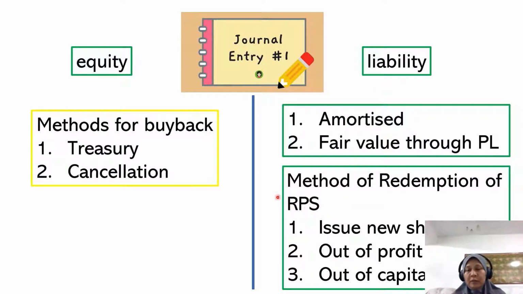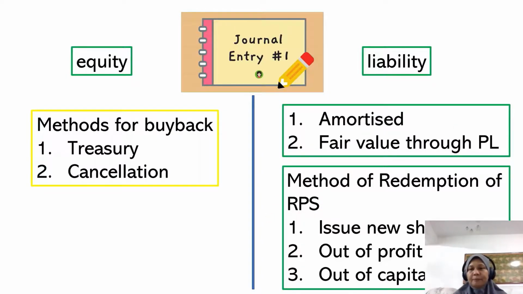Only for redeemable preference shares is this practice available, where the company can either redeem its redeemable preference shares and then issue new shares to replace the amount redeemed, or the company can take some amount out of the profit, or take some amount from its capital. Okay, this is under redemption of redeemable preference shares.